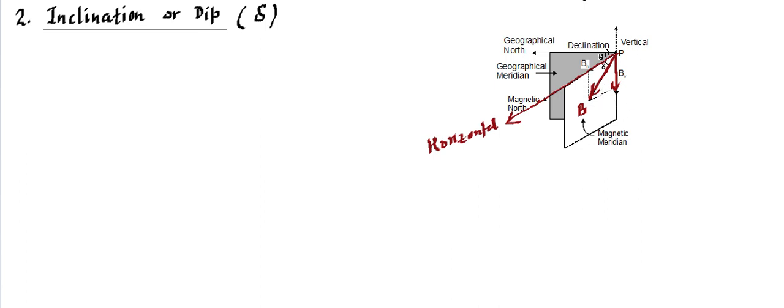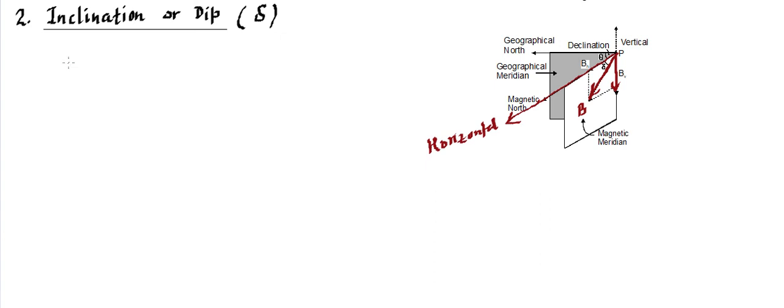Now, we will define this inclination or dip as the angle made by the resultant magnetic field at any point P with the horizontal direction. So if the angle made by the net magnetic field with the horizontal direction is delta, this delta is going to be known as inclination. Okay, so let me write this definition.